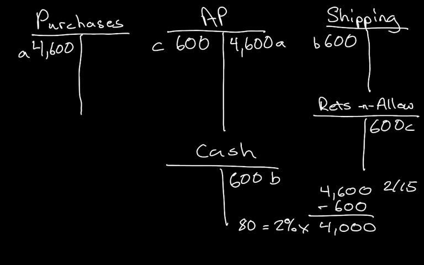So they have an $80 discount coming to them. So we're going to, first, zero out their accounts payable. So they get a debit of $4,000 for that. Secondly, we're going to credit an account called discounts.